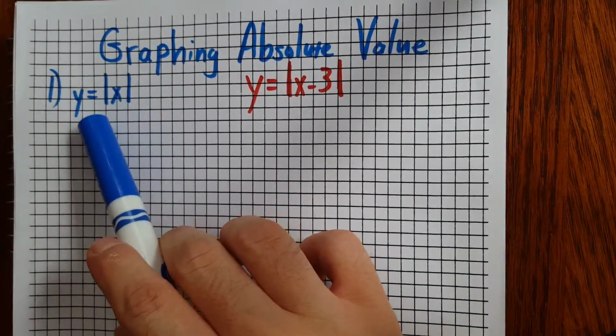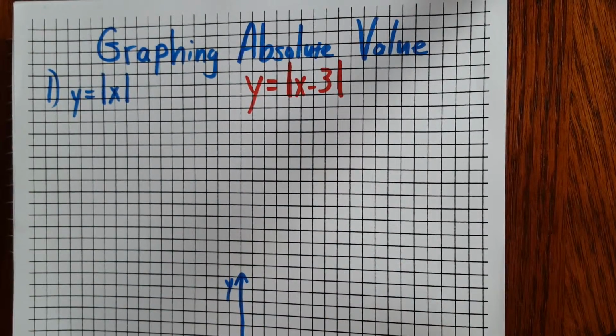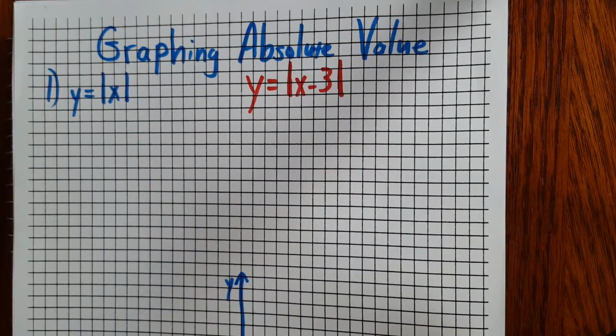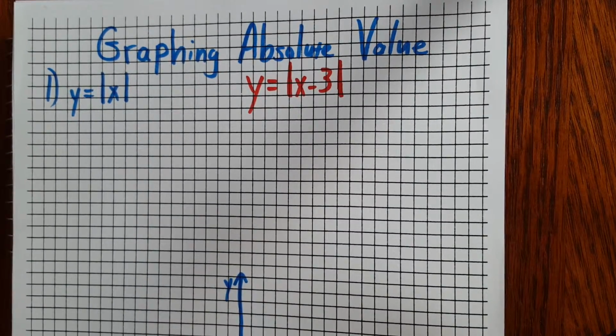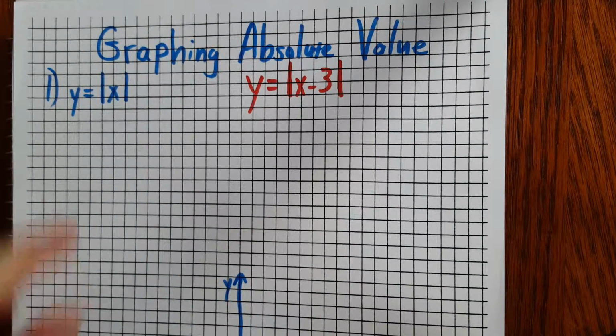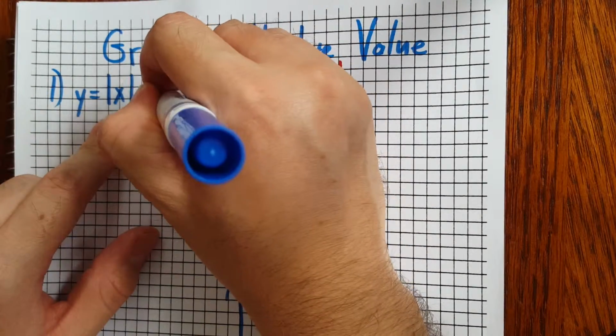So I'm going to graph this. I'll graph y equals the absolute value of x minus 3 on the same graph. To do this, the trick to graphing absolute value is to first of all know that the basic graph, this one right here, looks like this.